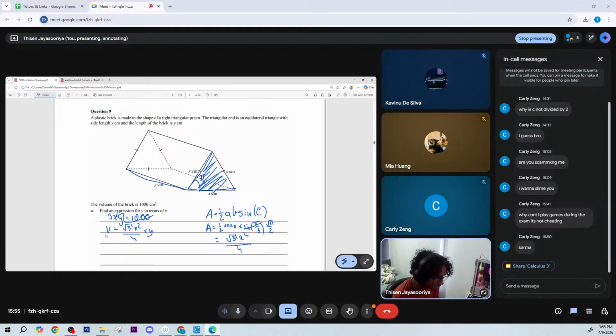But we know the volume here is 1,000. So that means we get 4,000 divided by root 3 x squared equals y. Does that make sense to everyone?